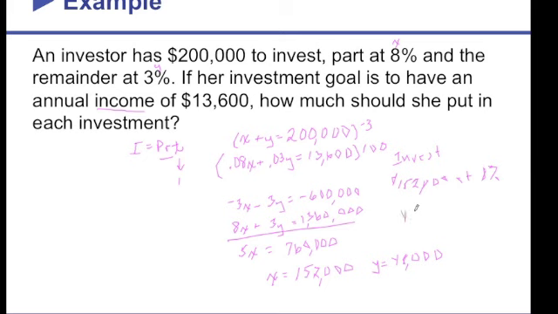And $48,000 at 3%. I really don't know why it's making strange numbers. I'm going to put my $ sign on. So this would be my solution.